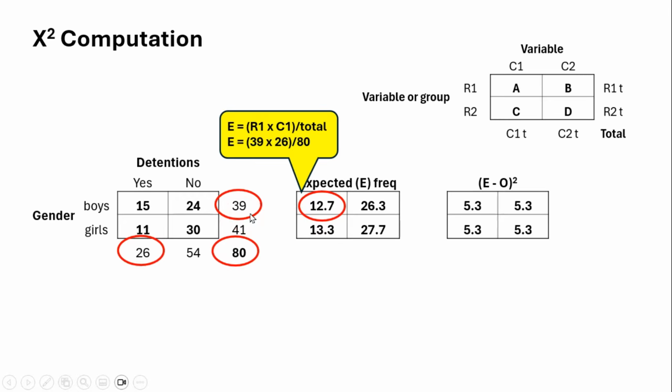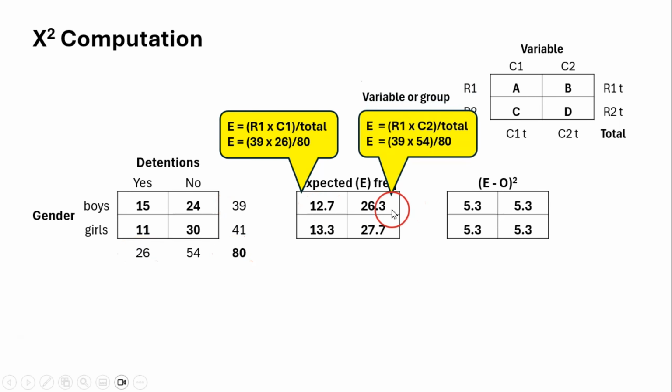So you multiply those two values together and divide by the total. So 39 times 26 divided by 80 is equal to 12.7. And you essentially do that for the remainder of the cells to obtain the expected frequencies.